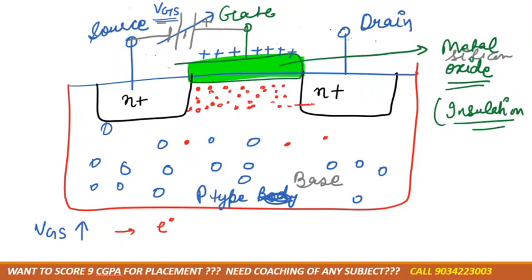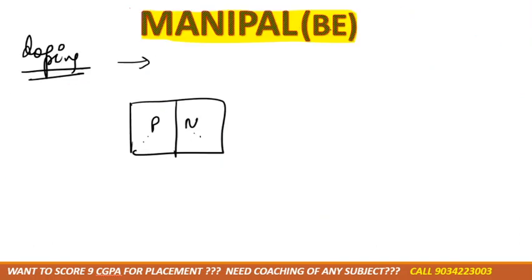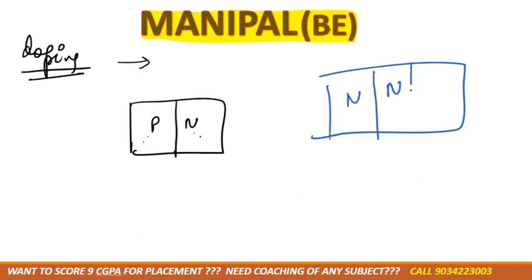Now see, here also we'll have N positive, meaning negative charges, electrons are there. In this region also we'll have N positive, meaning electrons. So we'll have an N region over here, here, and here. Will this wall remain there, or will it vanish by itself? Because there is always a wall between P and N, between different carriers.